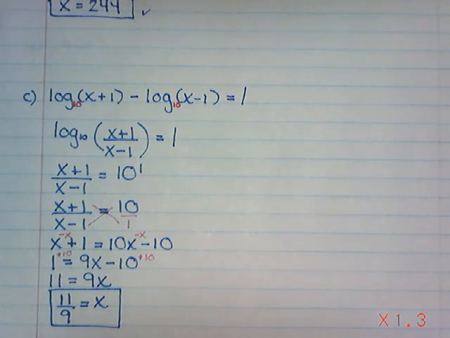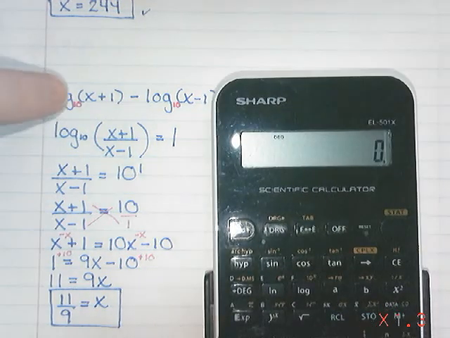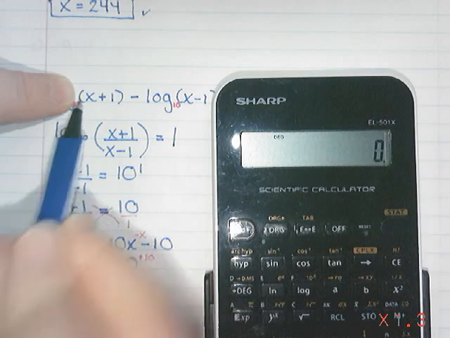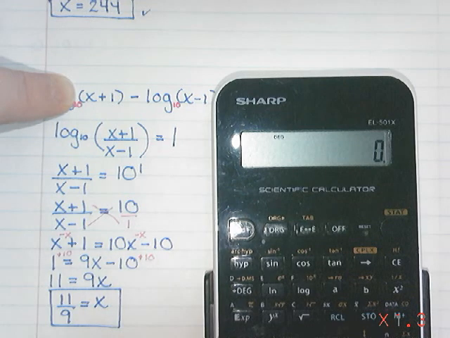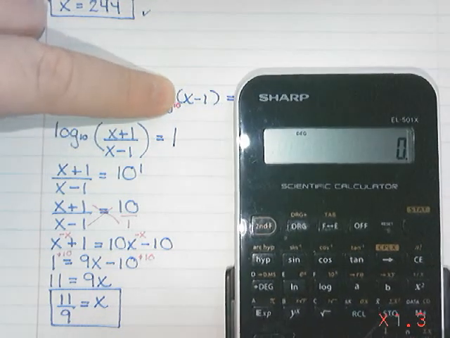All right, I do need to check. Like I said, you can write it out if you want to. I really just tend to do it on my calculator. I am checking only arguments. So x plus 1, pretty sure that's not going to give me a 0 or a negative. I'm just going to do 11 divided by 9 plus 1. I got 2.222. That is not 0. That is not a negative. We're good. Then I'm going to try x minus 1.